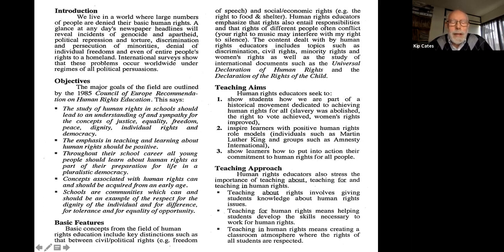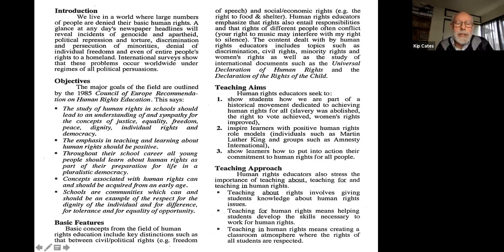Third point, throughout their school career, all young people should learn about human rights as part of their preparation for life in a pluralistic democracy. For those of us teaching in schools, universities, especially in a public format, we want to prepare our students to be good citizens of our prefecture, of Japan, of Asia, of the wider world.